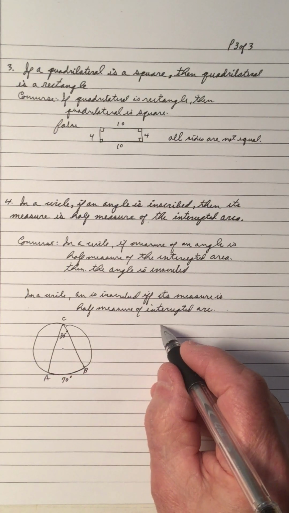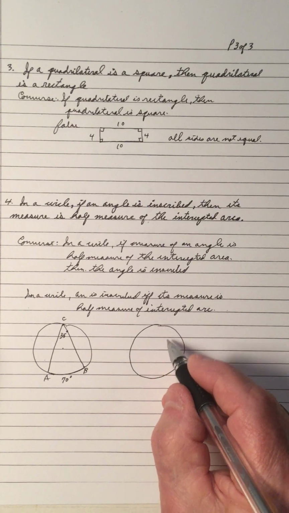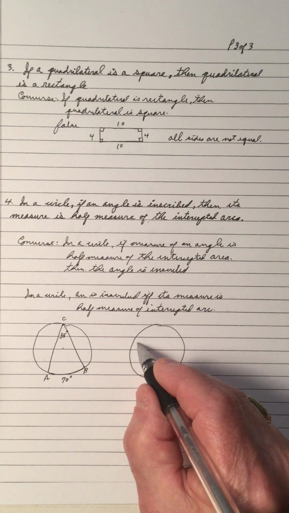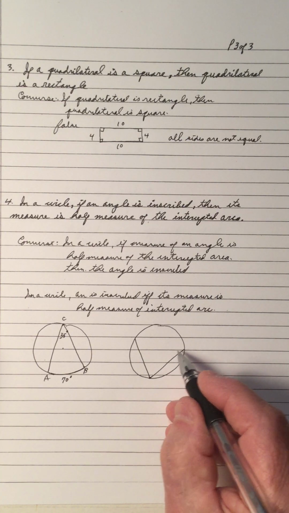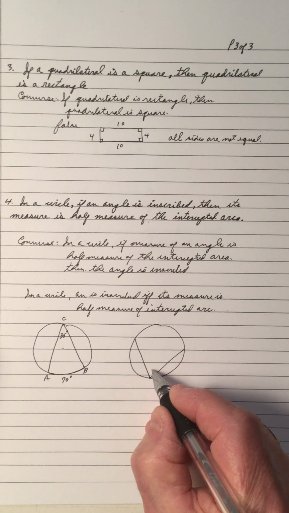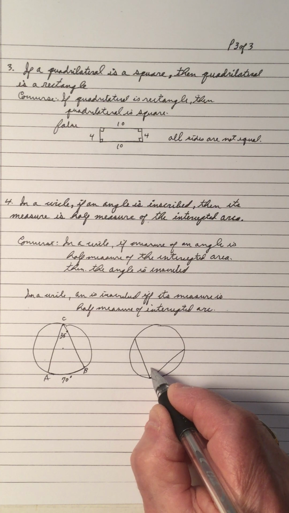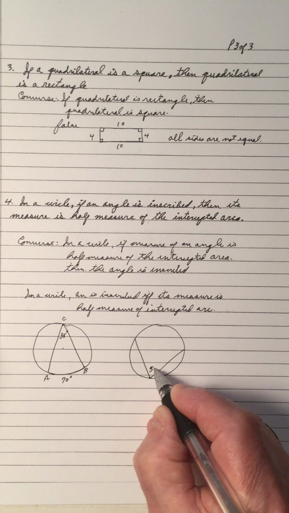And also it's true that if we draw a circle and we have an inscribed angle, just reverse it, go like this. This is an inscribed angle. And let's say this inscribed angle is, say, 50 degrees.